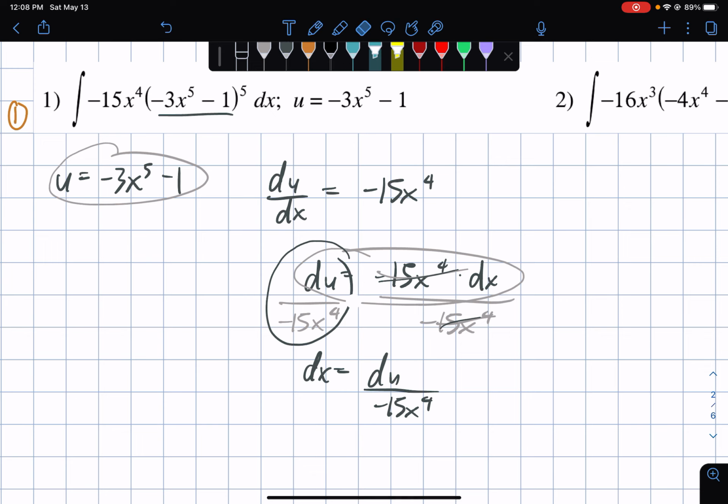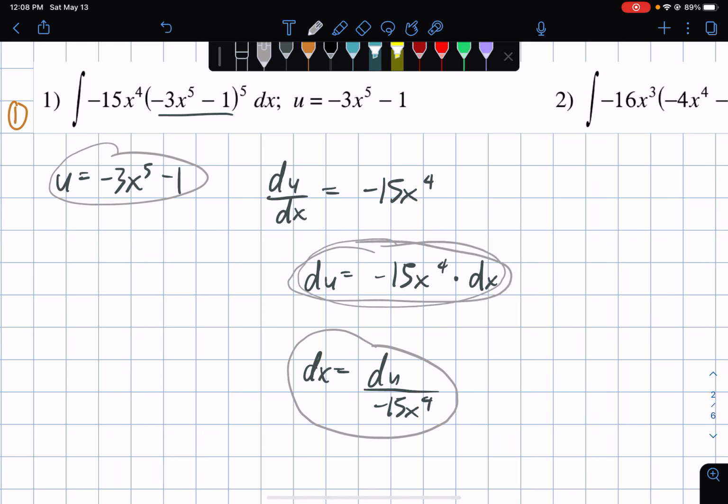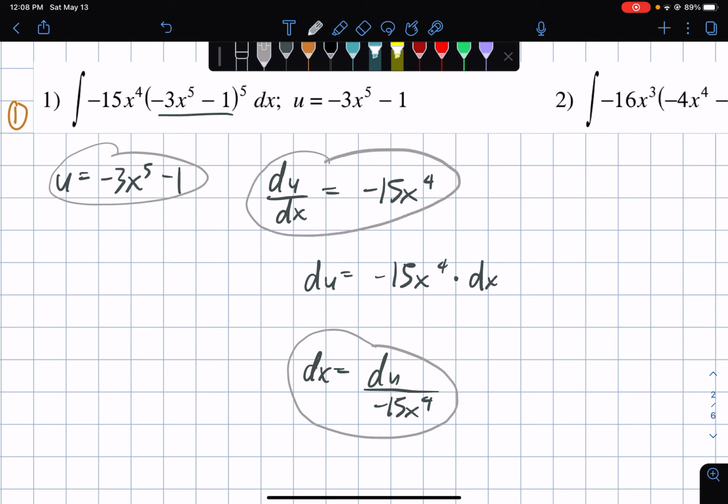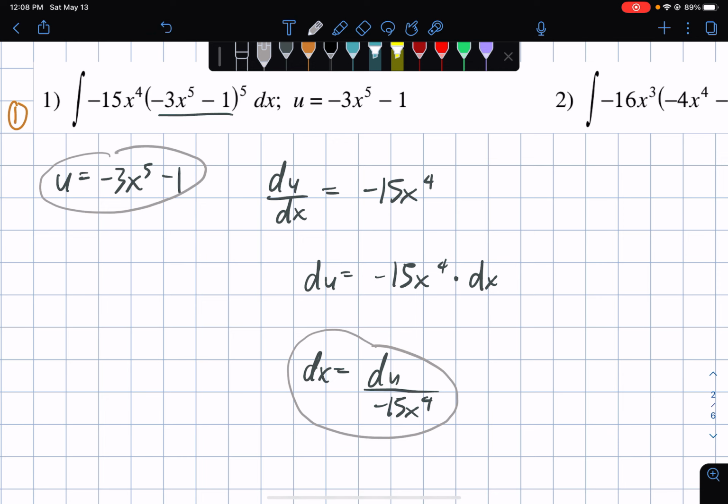So it's better to solve in this chronological order, because you find dx through what you found in du. You find du coming from du over dx, and you find du over dx from whatever the term is in u, because you find its derivative. So yeah, let's start solving.